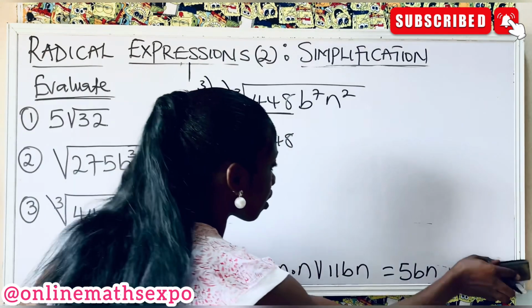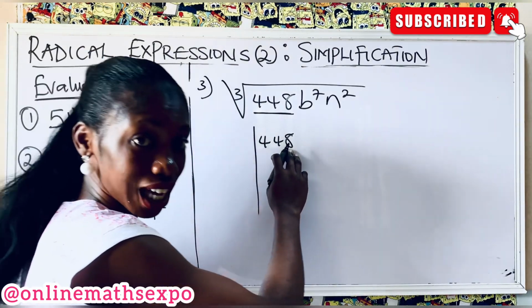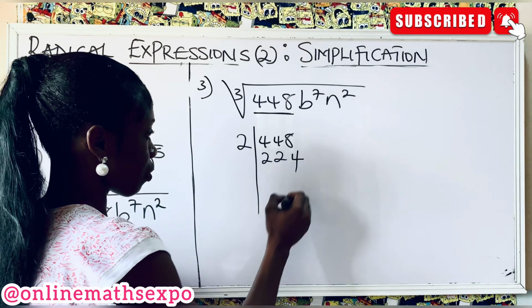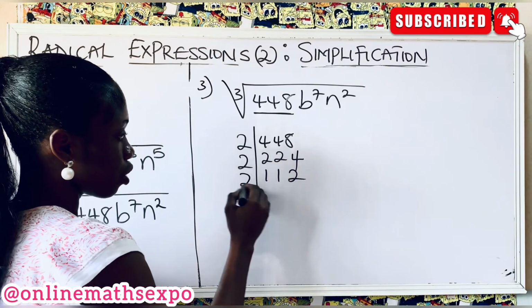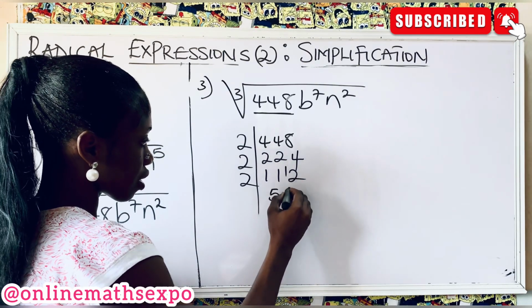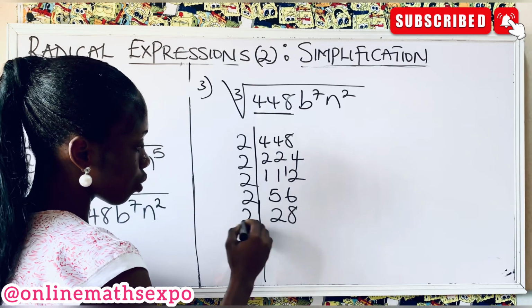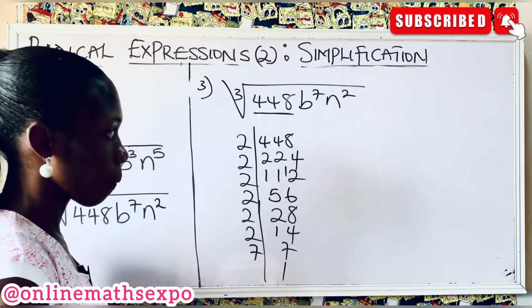Let's divide. Remember, the last digit here is 8. 2 can divide it. So 2 here will give us 224. 2 here will give us 112. 2 will give us 56. 2 will give us 28. 2 will give us 14. 2 here is 7, and 7 is 1.